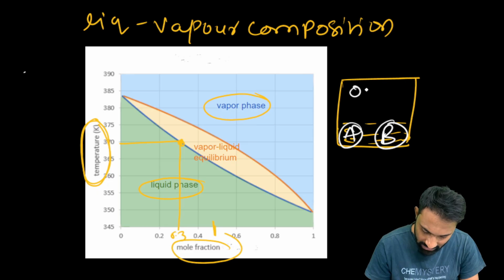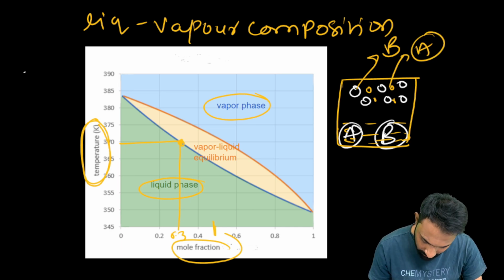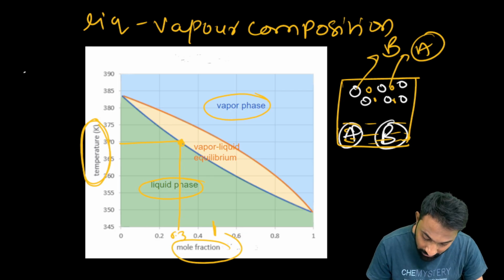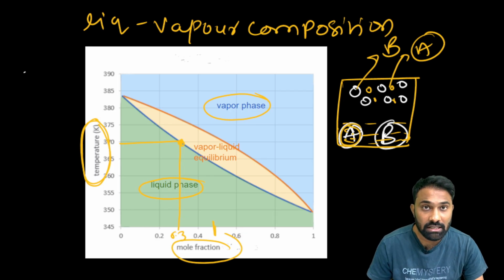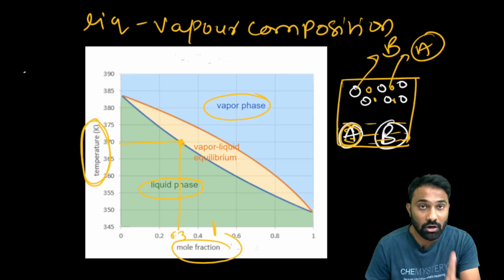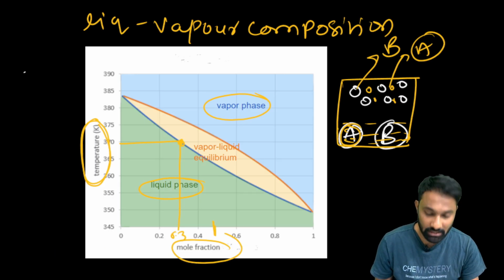Now in the gaseous phase, B is higher and A is lesser. This is A. Done. Now what does this 0.3 represent? The mole fraction of A is not 0.3. What I said: on the left side, the mole fraction of A will be higher.